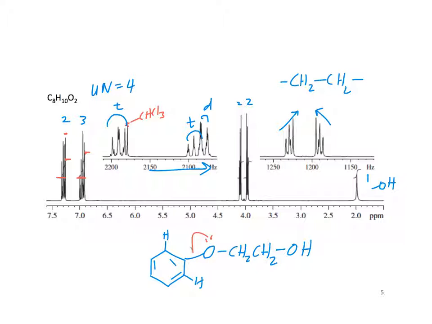The resonance goes this way, puts these most upfield, because the more electron density, the more shielded they are.